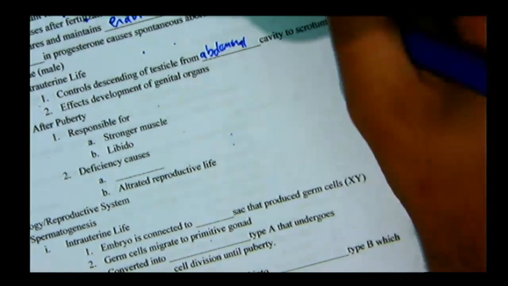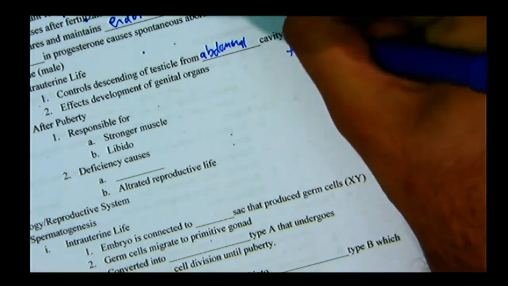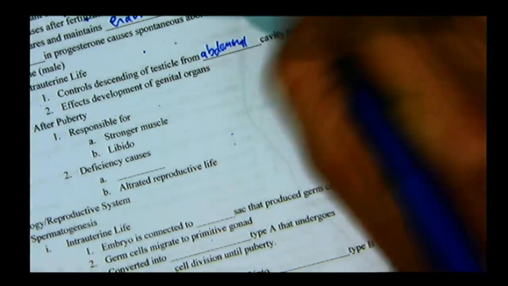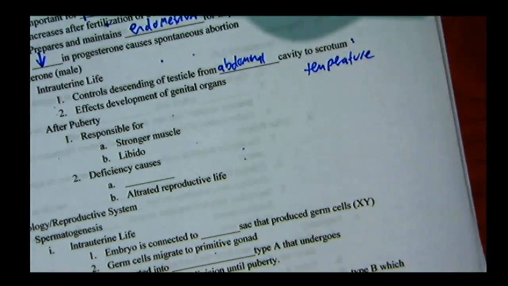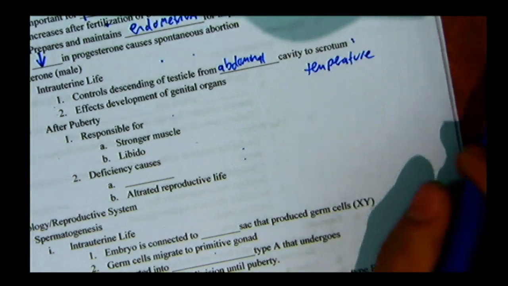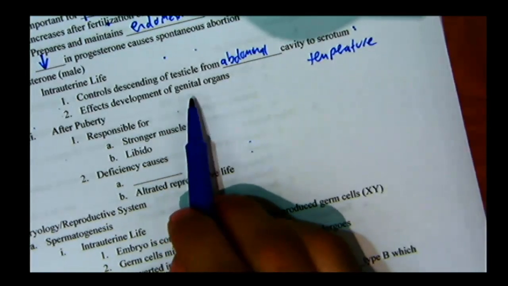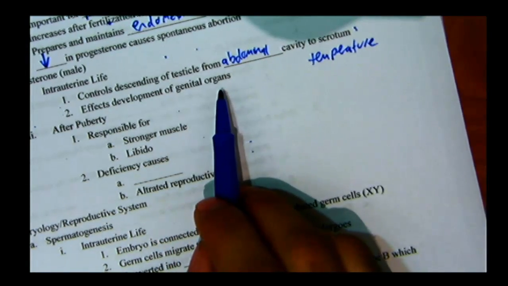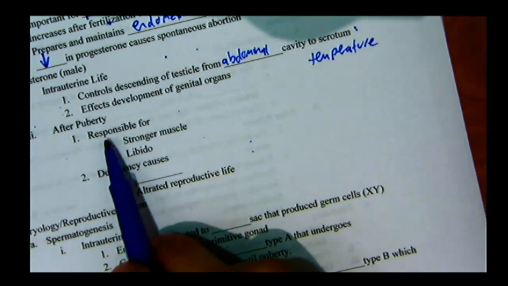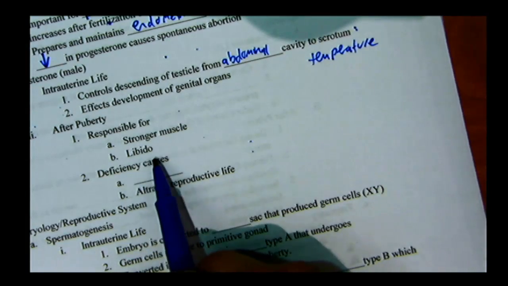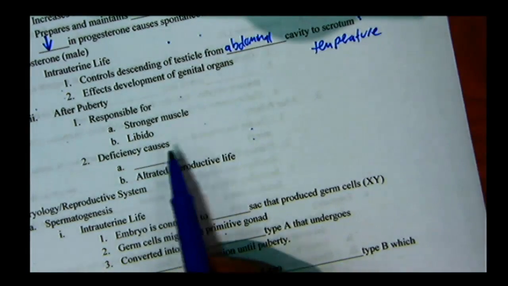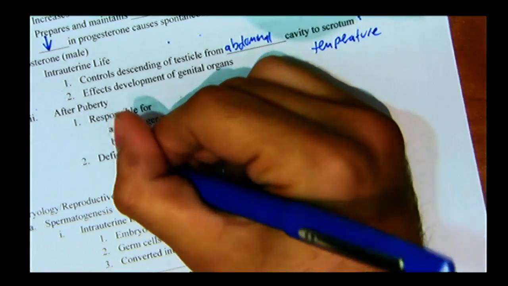If there's an abnormal increase in temperature, that can affect it. Also affects development of genital organs. After puberty, it's responsible for a stronger muscle and libido. Deficiency causes what in a male? Depression. And altered reproductive life.